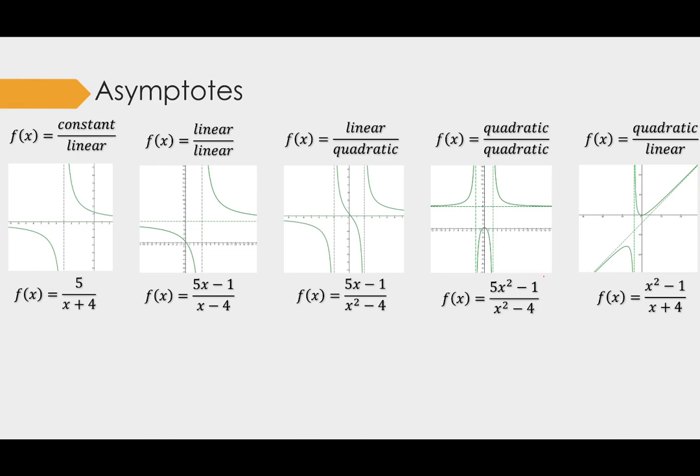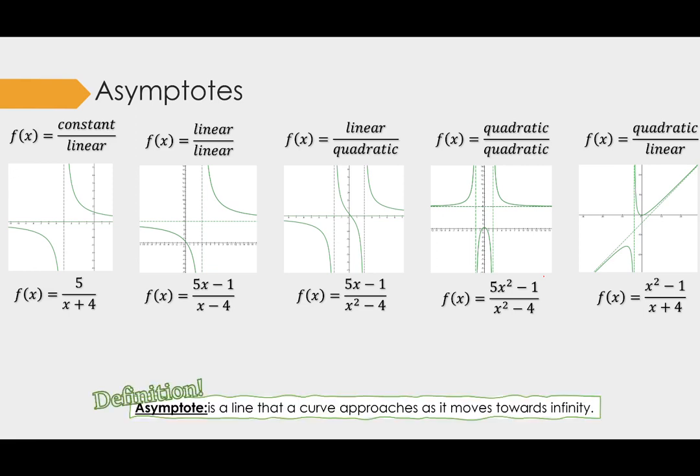If you look at these graphs, the curve gets closer and closer to the dotted lines. It doesn't actually cross it except in one case. We'll talk about that in a minute. So the idea is that as you go farther out, the curve gets close to that line. A line that a curve approaches as it moves towards infinity.